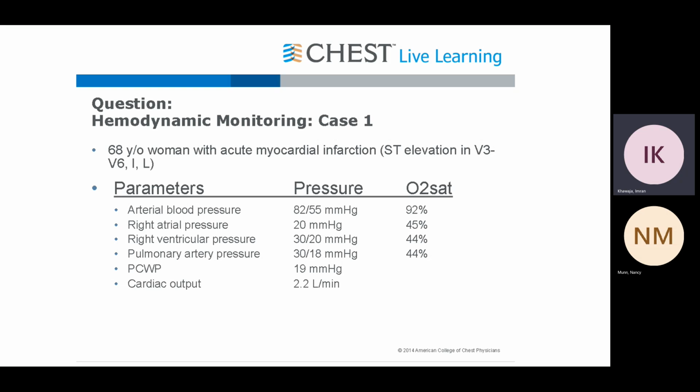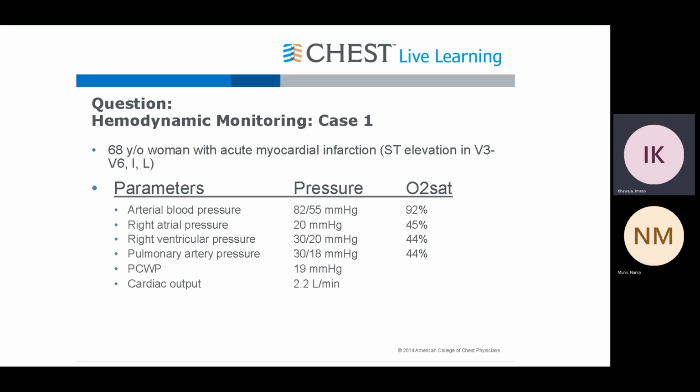Pulmonary arterial pressure 30/18. Pulmonary pressure high, cardiac output decreased. So what's the profile consistent with? It's a cardiogenic shock, right? These are all examples of cardiogenic shock.